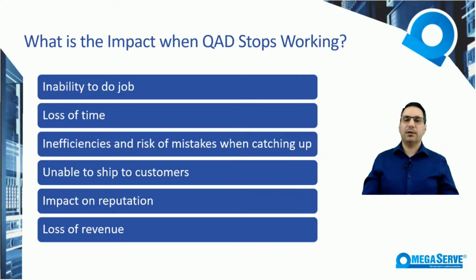It can negatively affect your fulfillment obligations, and lose your reputation as a reliable supplier. It also makes everybody's jobs very stressful. And in the end, it affects the bottom line. There is clearly loss of revenue when an outage occurs, especially a long, unexpected outage in your QAD system.